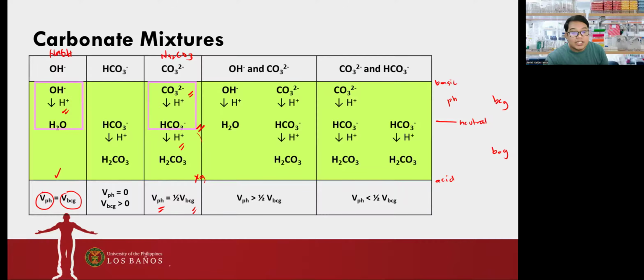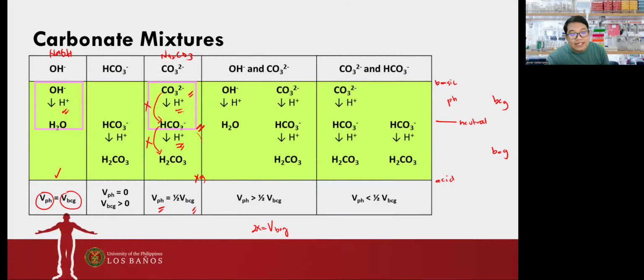Kasi equal parts ang ginamit nating acid para ma-convert ang carbonate to bicarb and equal part yung ginamit nating acid para ma-convert si bicarb to carbonic acid. So kung ito ay X amount, so X amount din ito, so 2X yung ating VBCG.